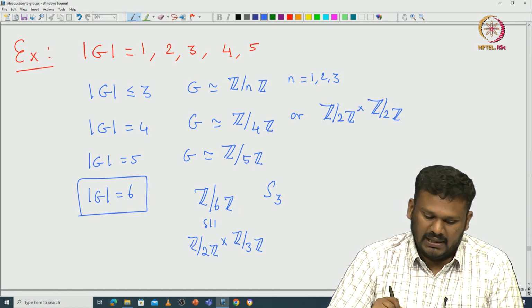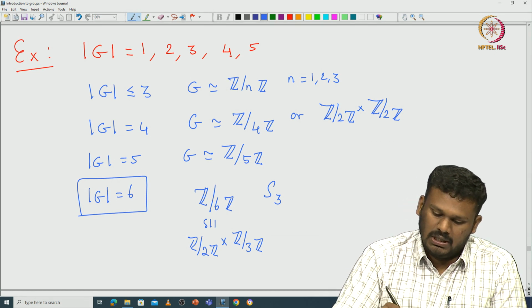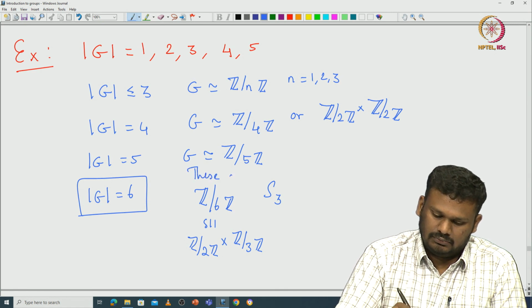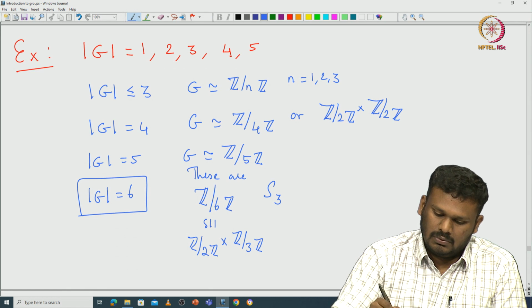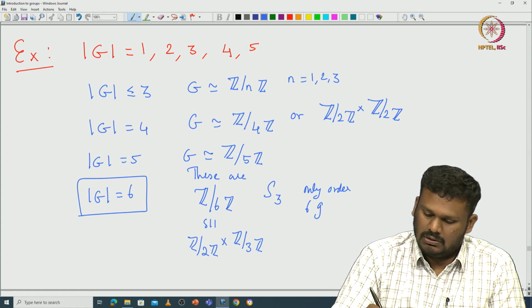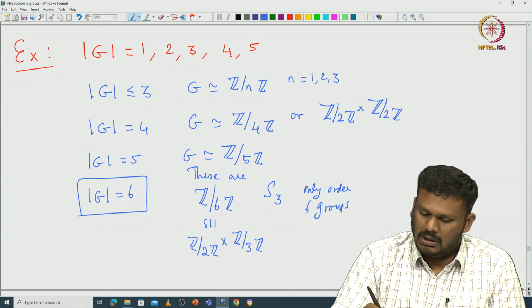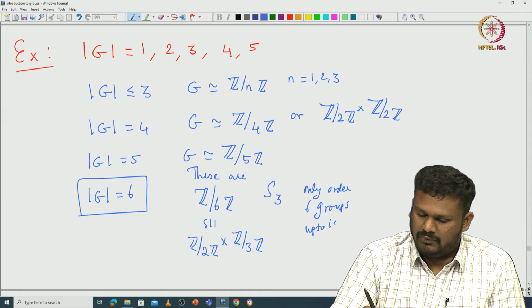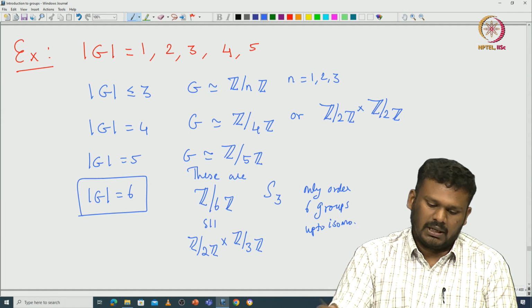So, we will prove that these are the only groups of order 6, up to isomorphism. Okay.